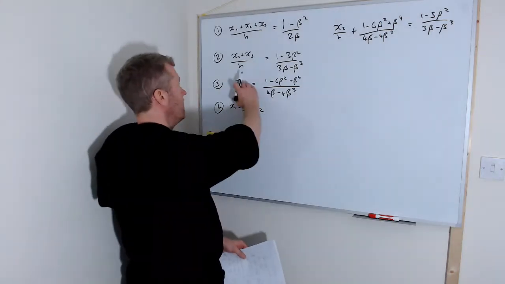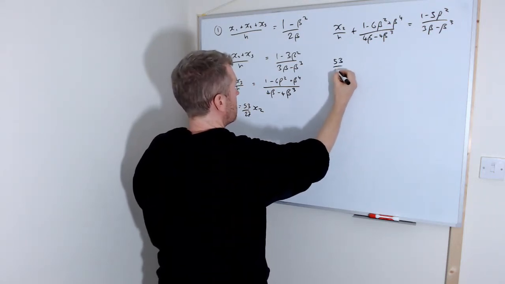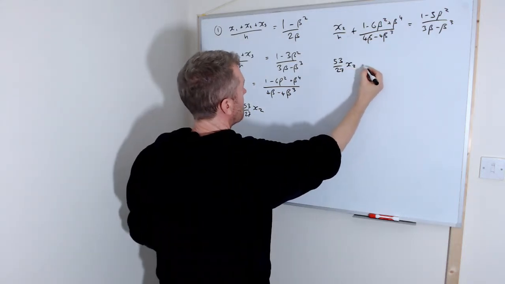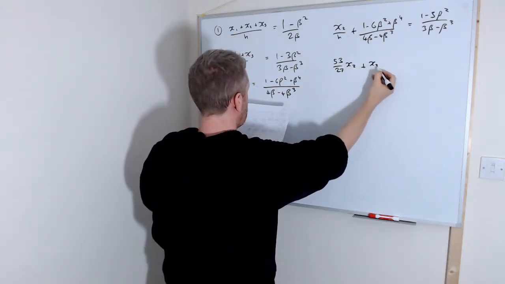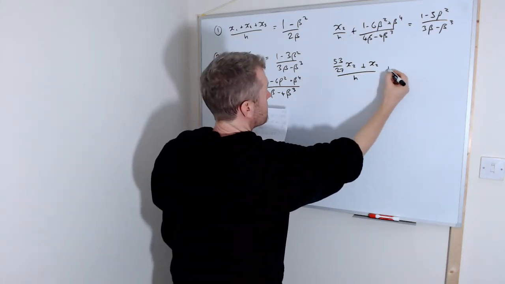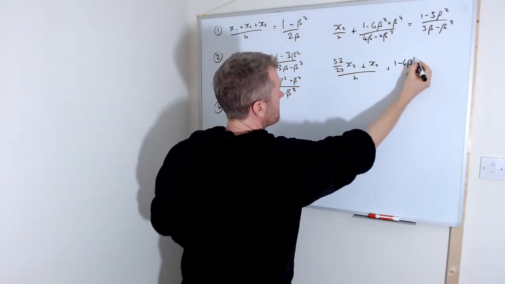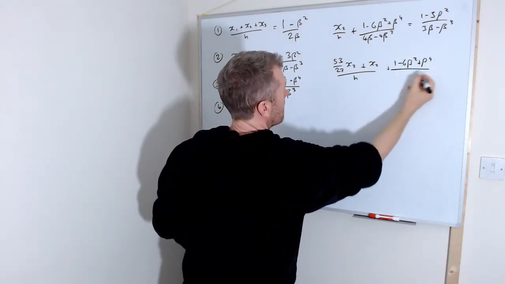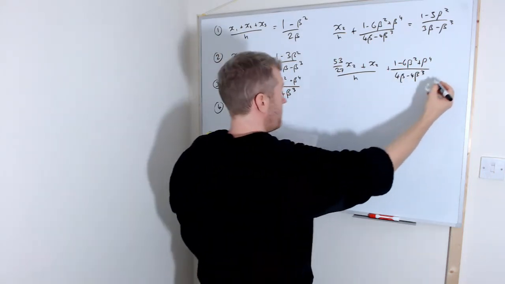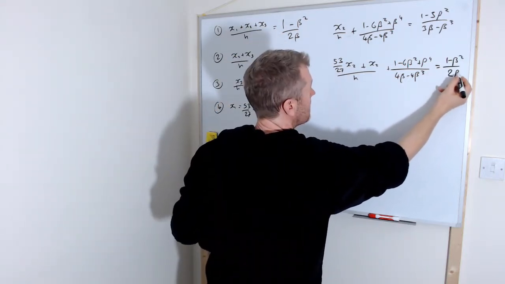And then using 3 and 4 into 1 gives us, because x1 is equal to 53 over 27 x2 plus x2, that's over h, plus again this x3, 1 minus 6 beta squared plus beta to the 4 over 4 beta minus 4 beta cubed is equal to, from this equation, 1 minus beta squared over 2 beta.